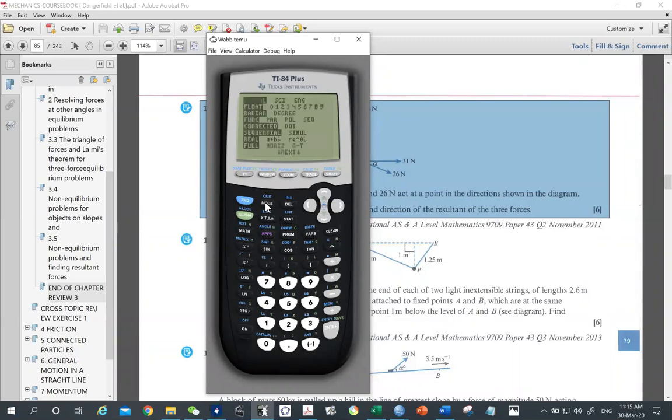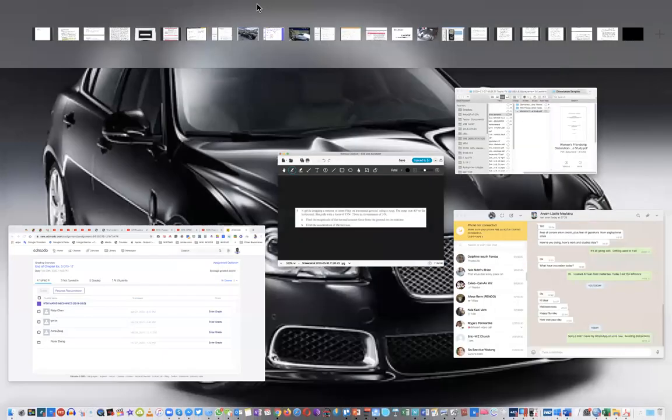I need to make sure my calculator is in degrees. I want to give the angle in degrees, not radians. Tan inverse of 42 over 7. That gives me 80.5 degrees.